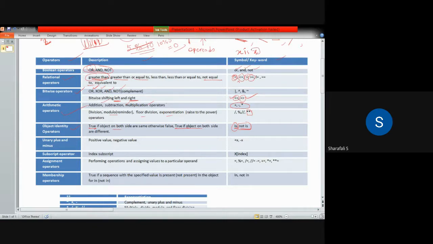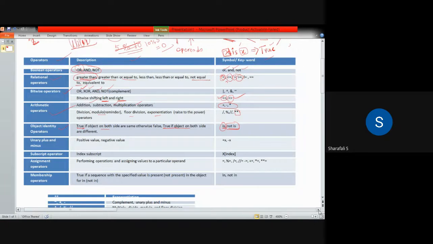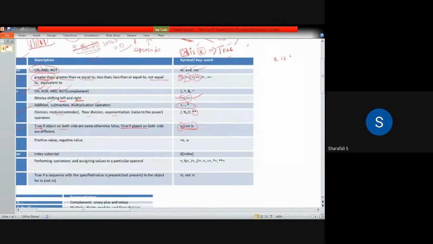So if these two are the same, on the left and the right of this is keyword, which is the object identity operator in Python, then it will give you the result true. Okay, if you consider something like x is y, if they are not the same, then it will give you false as output.